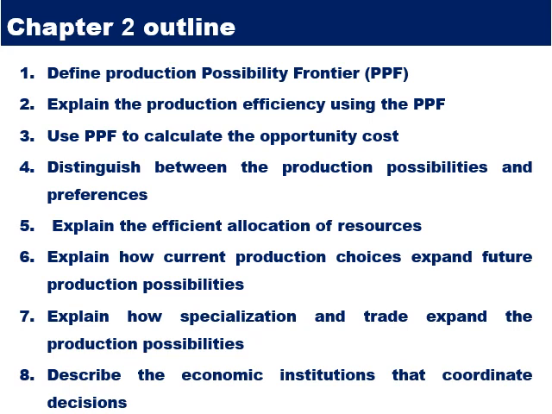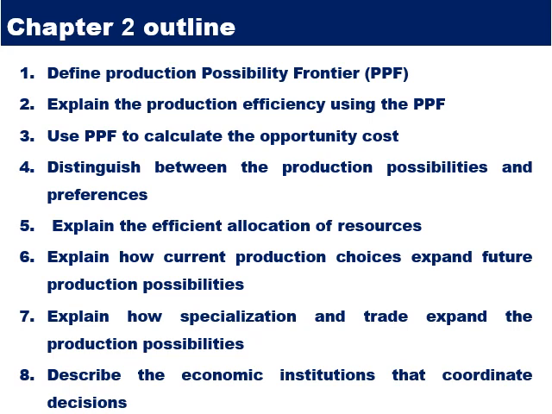Also, you will be able to use the PPF to compute the opportunity cost of different levels of production. Then you can explain the difference between production possibilities and consumer preferences and how we can use the available resources to satisfy these preferences. And this implies achieving the efficient allocation of resources.